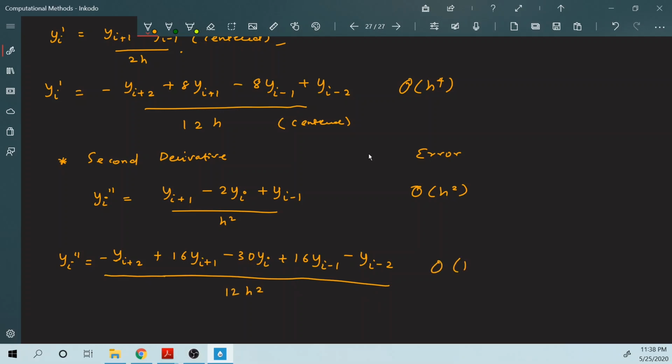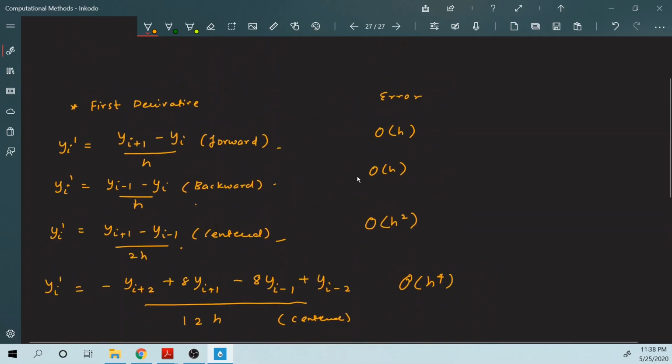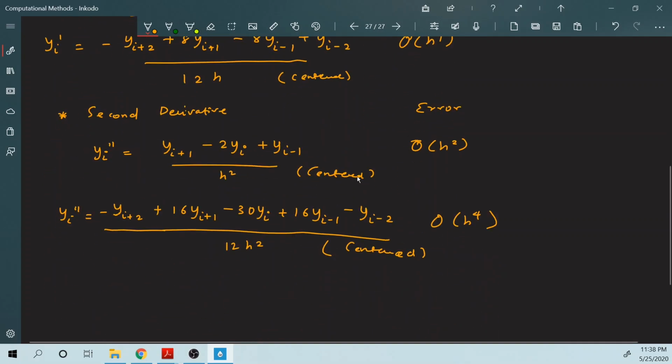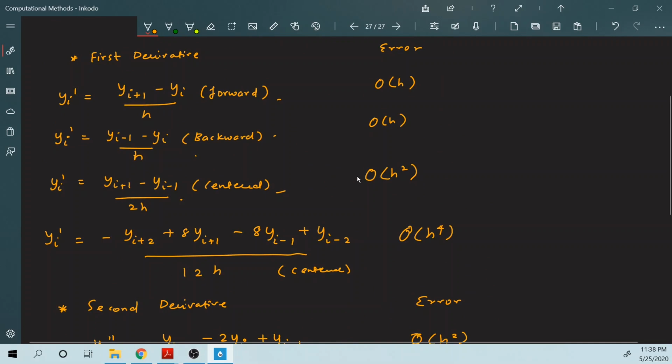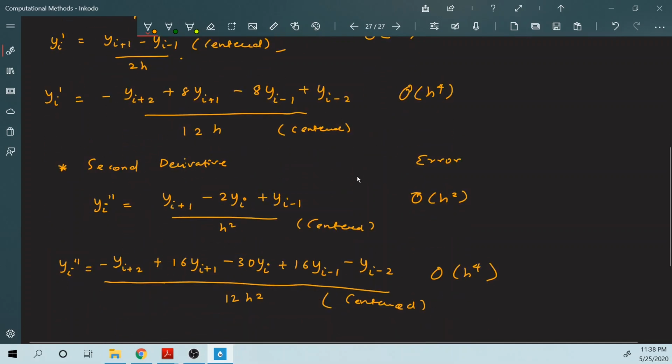And what is the order? This is h raised to 4. Okay. So this is also a centered scheme. This is also a centered scheme. Centered schemes are more accurate. Okay. So once we have discussed this, let us solve one problem.